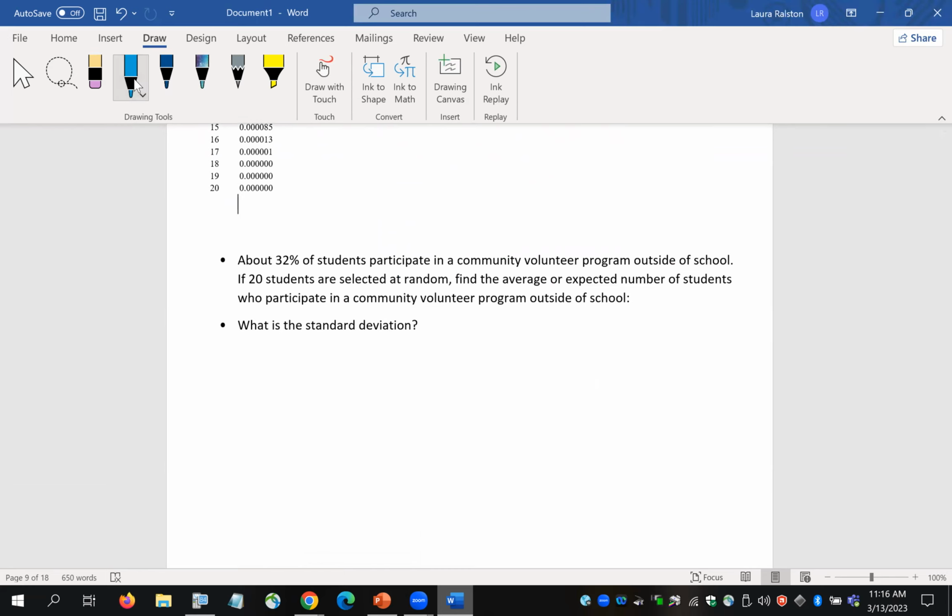So again, they're asking me in a different way to find the mean, and then it does also ask me to find the standard deviation.